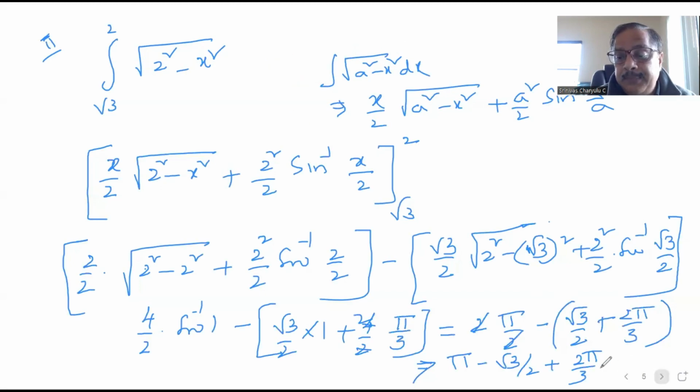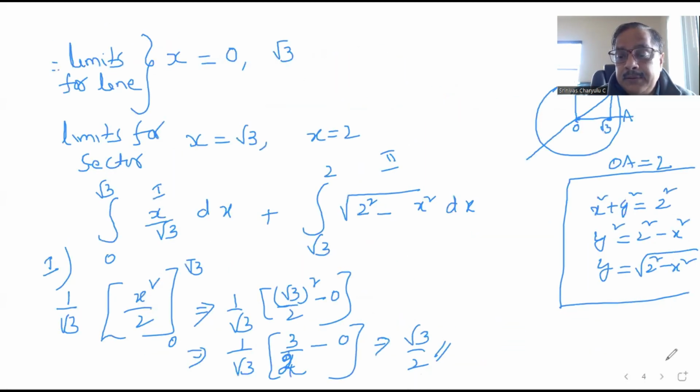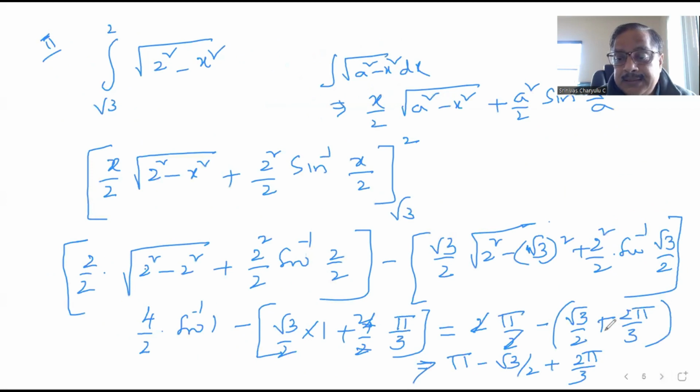Pi minus root 3 by 2, plus, when you are multiplying inside, minus root 3 by 2 minus 2 pi by 3. See here, when you are multiplying inside, this sign also will become minus. So both will become minus sign.